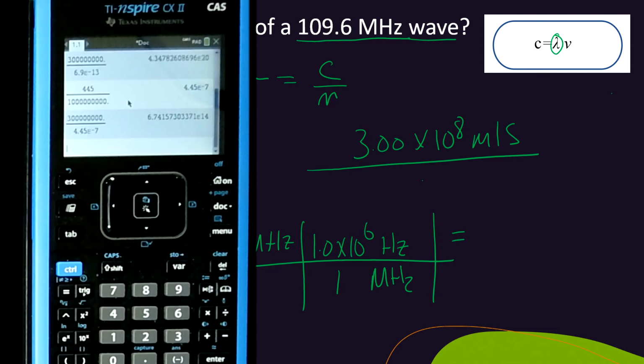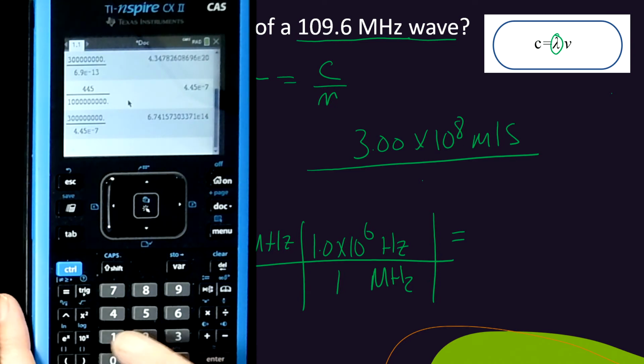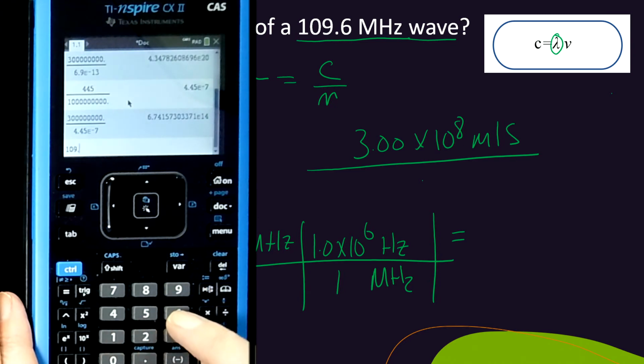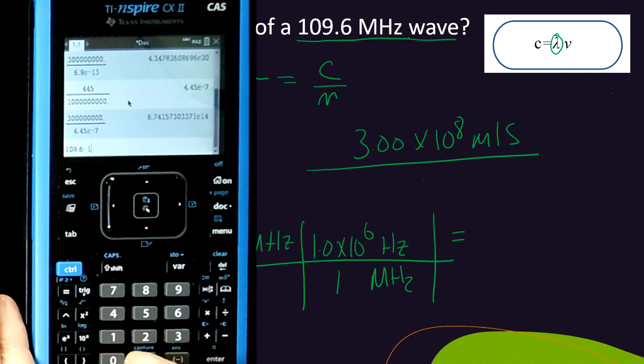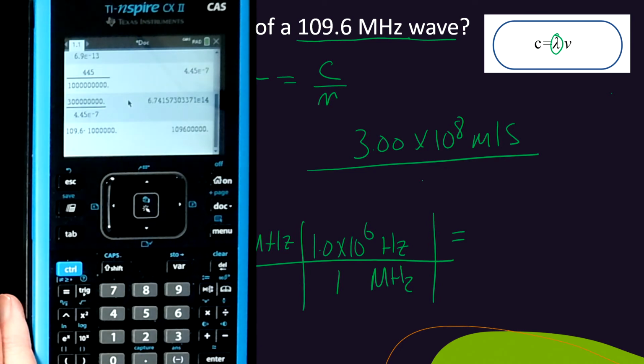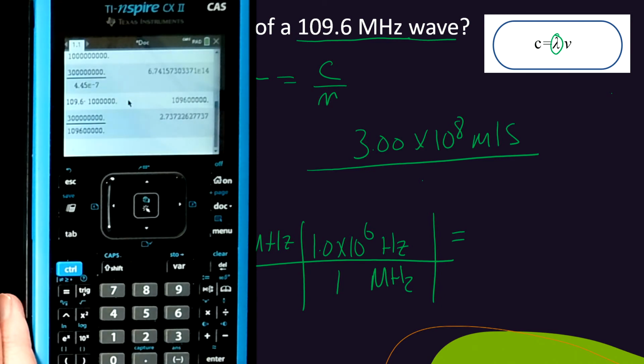So let's go ahead and grab our calculator. So 109.6, and we are multiplying it by 1.0 E6. And then we are going to take our 3.00 EE8 and we're going to divide it by that number. And we see that we get 2.737.